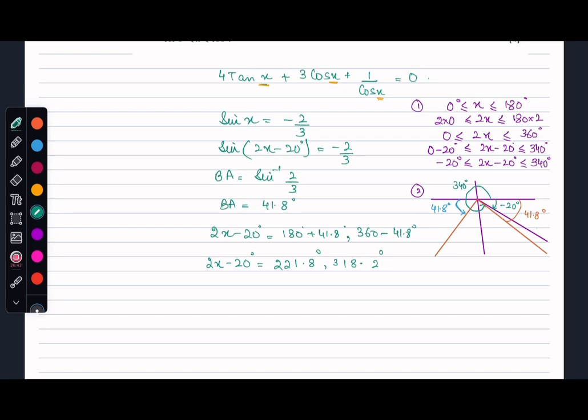So 221.8 degrees and 318.2 degrees, both of them are within the domain of negative 20 and 340 degrees. Both are valid here for 2x minus 20.